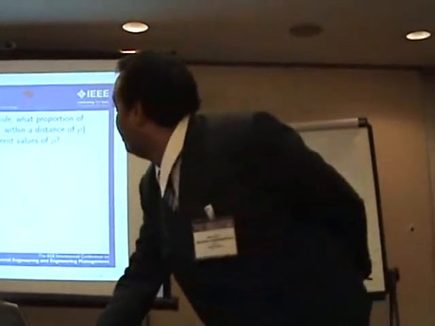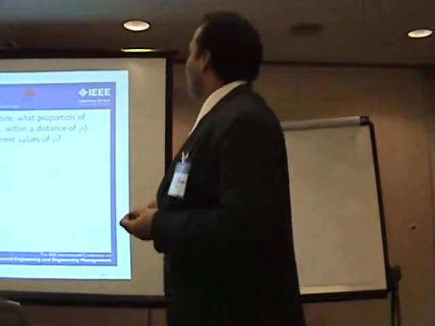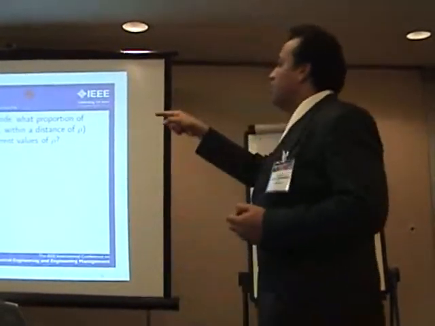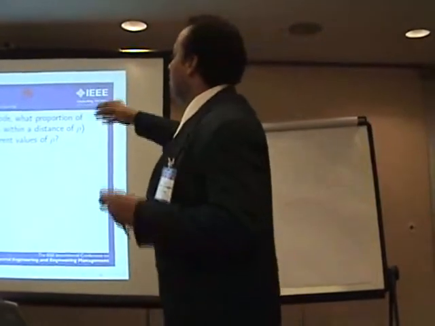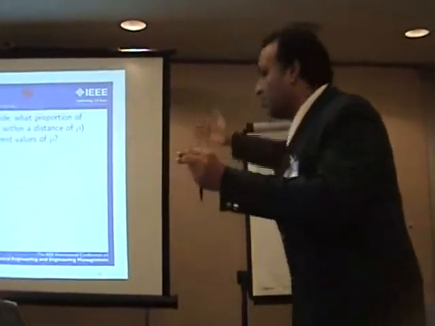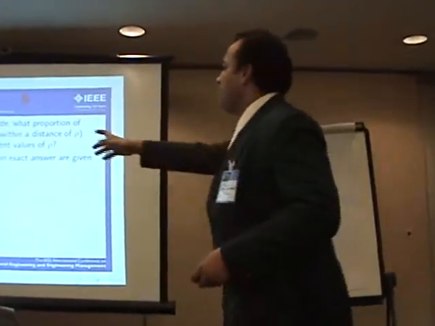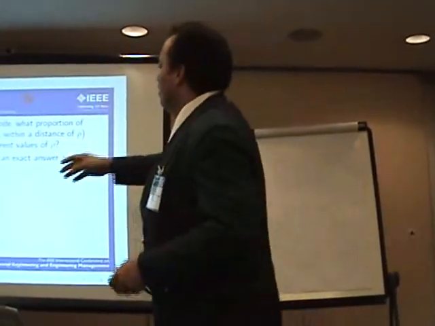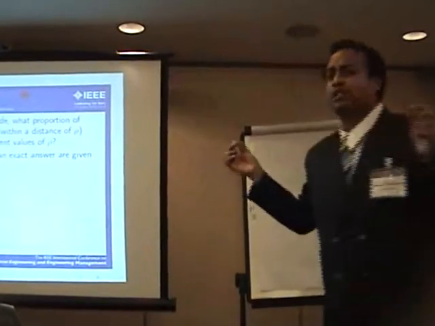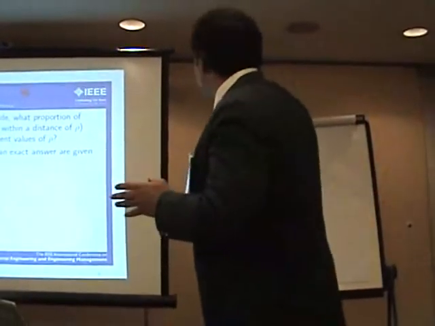I'll tell you why. The first question that I tried to answer is, for any given node, what proportion of nodes in the vicinity share a common key for different sizes of the network. I derived some theoretical bounds for that. The exact mathematical formula is not tractable because of some finite field involvement here.